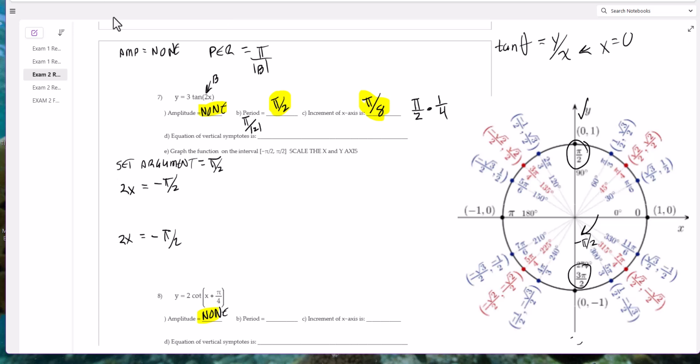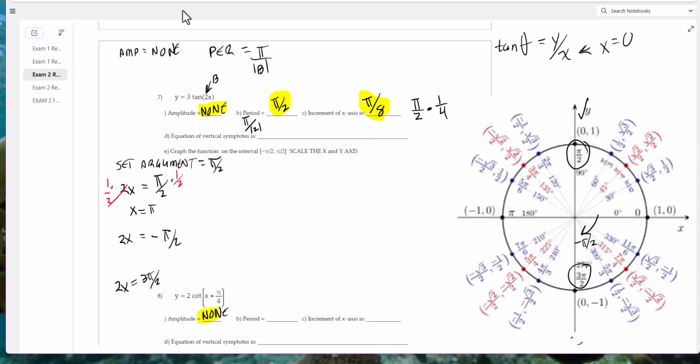If you chose to, you could also set 2x equal to 3 pi over 2, and that would give you where another asymptote is. But it's not necessary. So I'm going to multiply both sides by a half. That's going to give me x equals pi over 4. That's where one of your vertical asymptotes is.